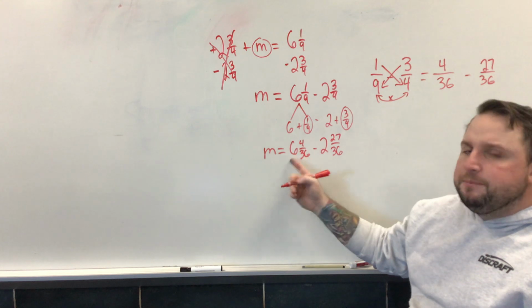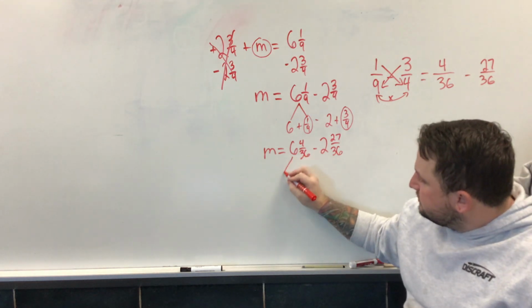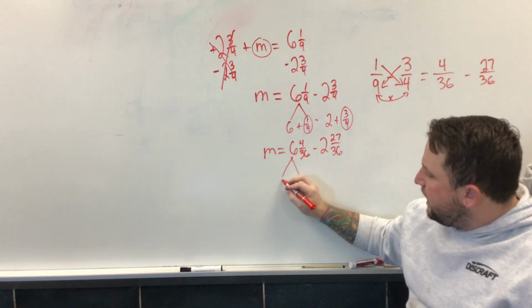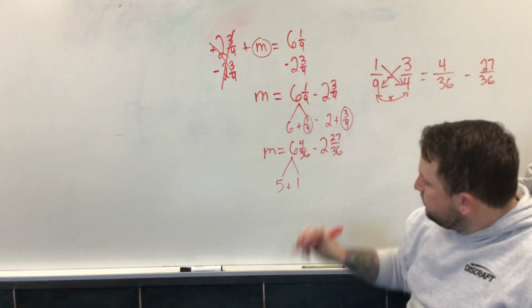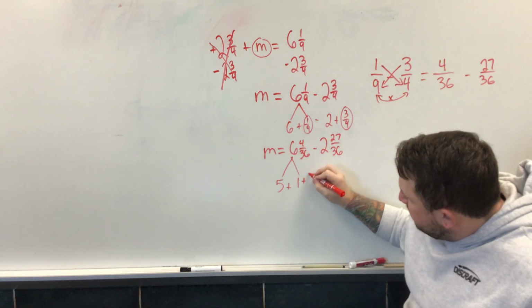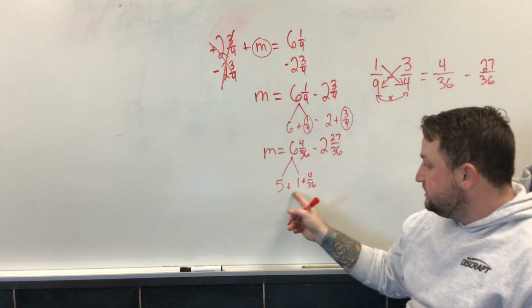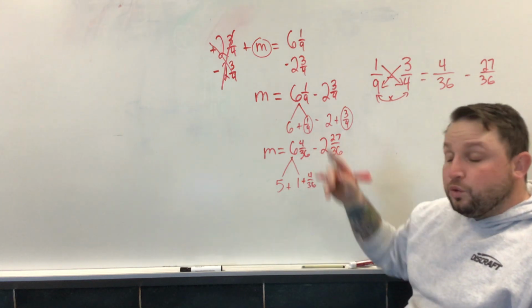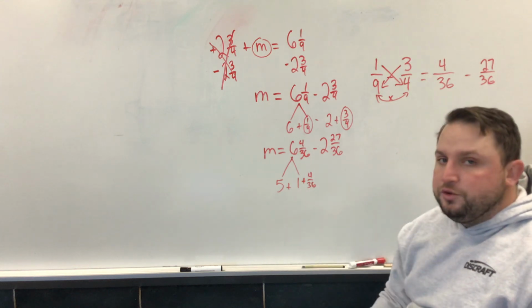We have to decompose this 6 down. This 6 can be decomposed down into 5 plus 1, which would then be 5 plus 1 plus 4/36. Would you agree that that equals 6 and 4/36? Okay, good. So what do you do from here?